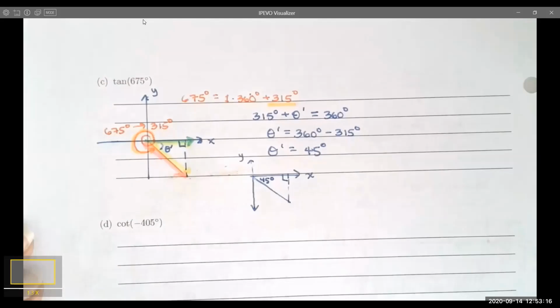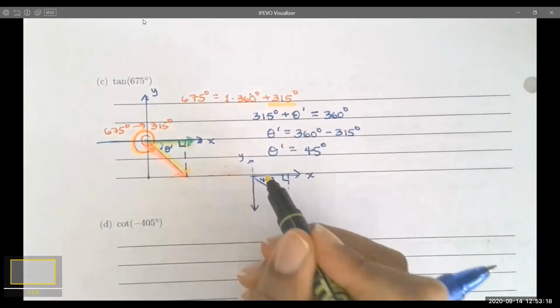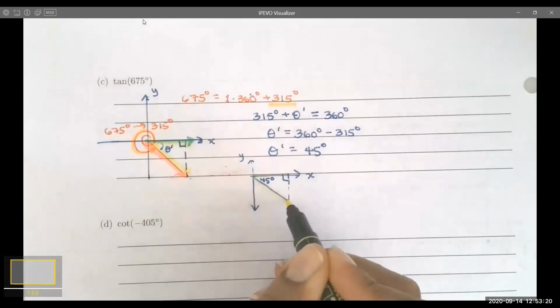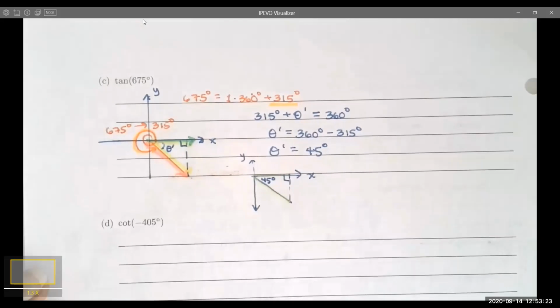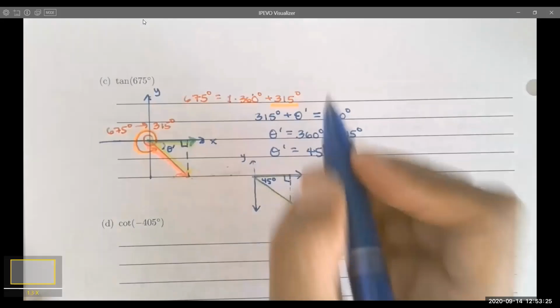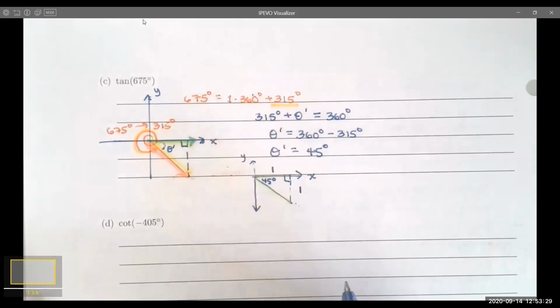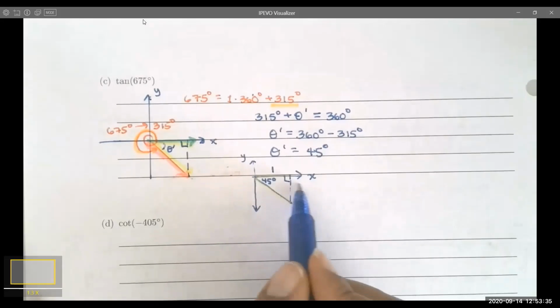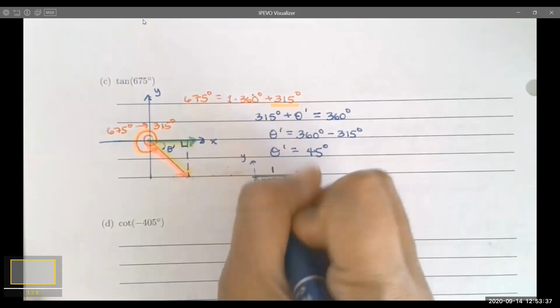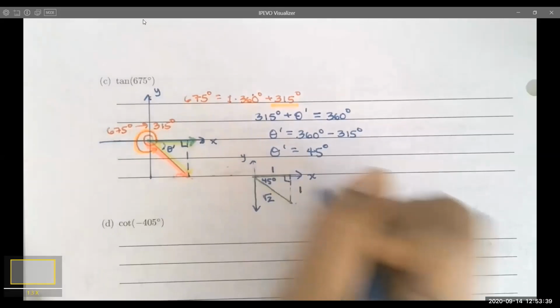In a 45-45-90 triangle, the two sides measure the same. So if this measures 1, this also has to measure 1, and the hypotenuse measures the square root of 2.